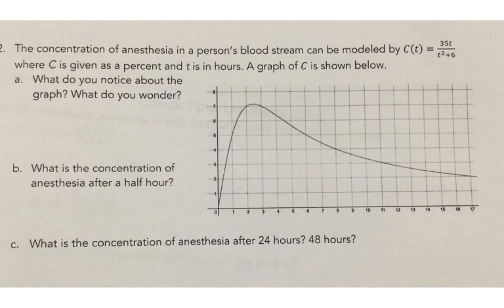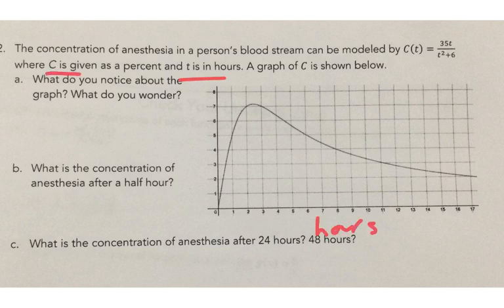What's something you might wonder about this graph? What are the labels for the X and Y? So, yeah, they didn't label them. They did tell us, though, that T was hours.